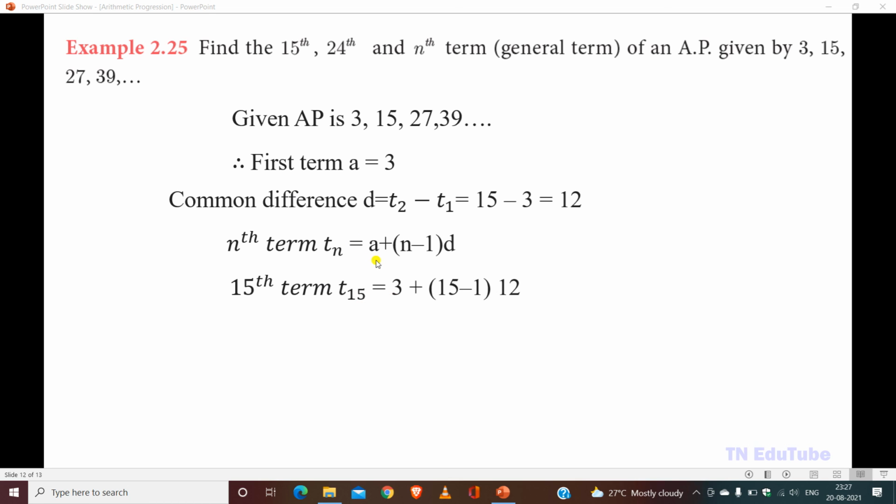A is 3, n minus 1, that is 15 minus 1 into D is 12. When you are simplifying, 3 plus 14 into 12. 14 into 12, when you multiply, 168. When you are adding, you get 171.